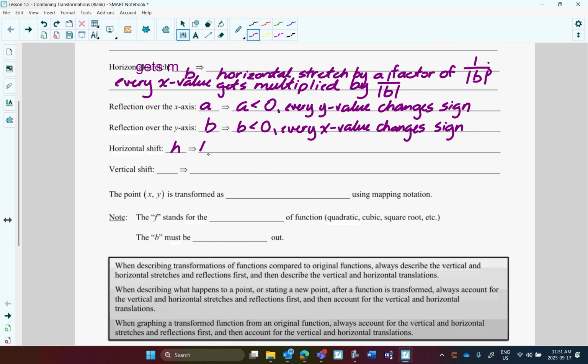And if H is greater than 0, we move H right, or x values plus H. If H is less than 0, we move H left, and we do x values minus H.